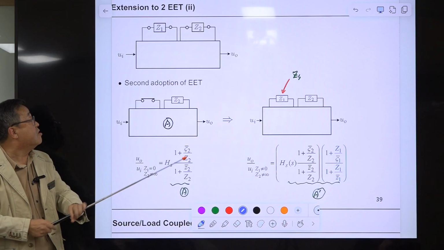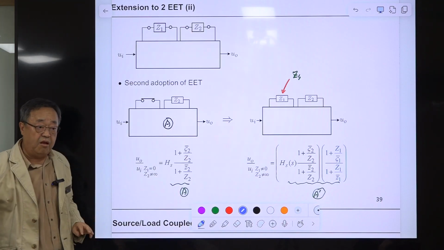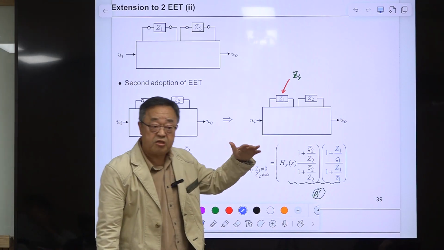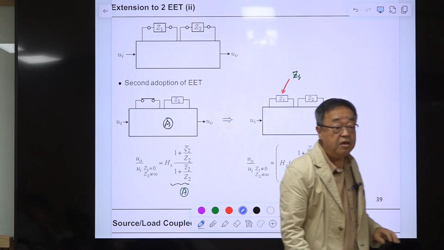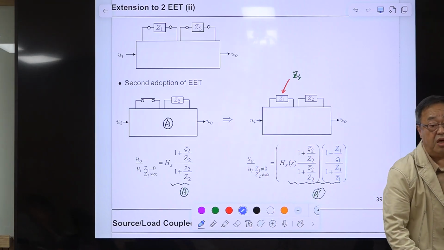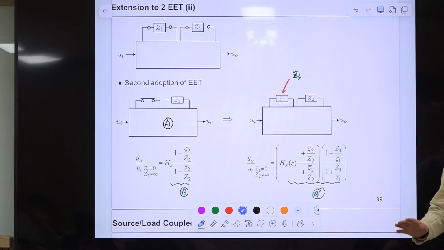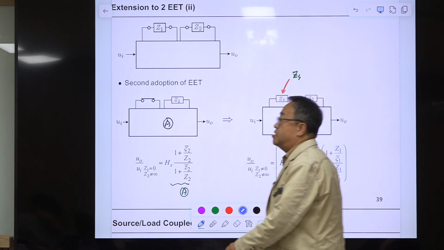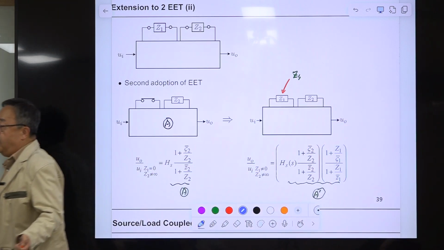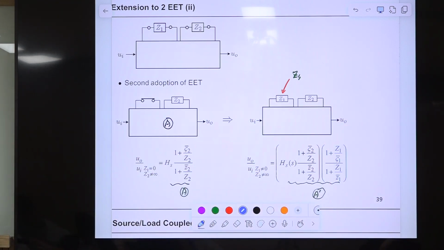Then you can extend this to a number of extra elements: 3, 4, 5, to infinity, something like that. Theoretically. So EET is very general, so it can be applied to many practical situations. This is what they call the 2-element, 2EET theorem, and there is a paper talking about the NEET theorem, which can be generalized to an arbitrary number of these.